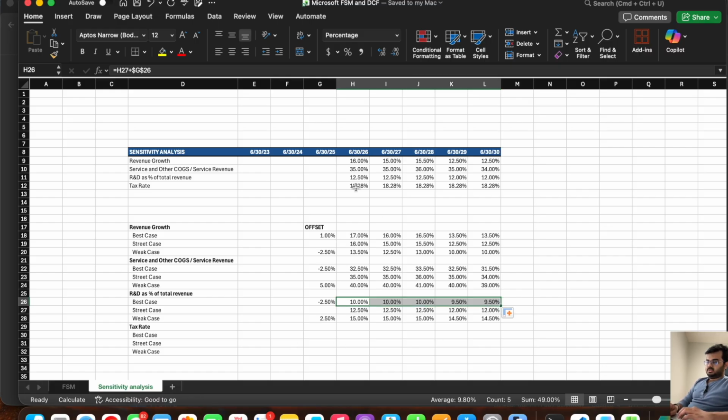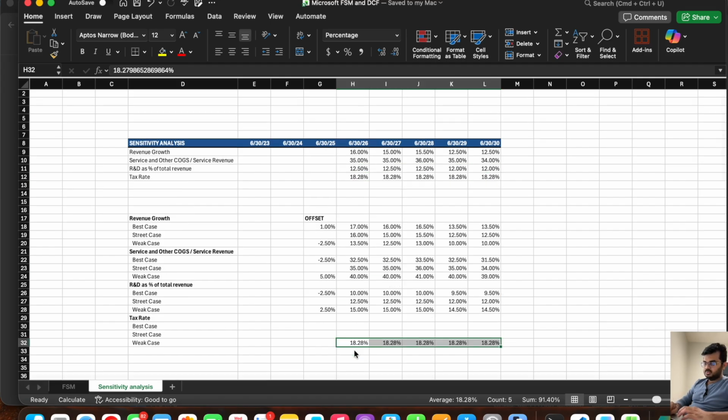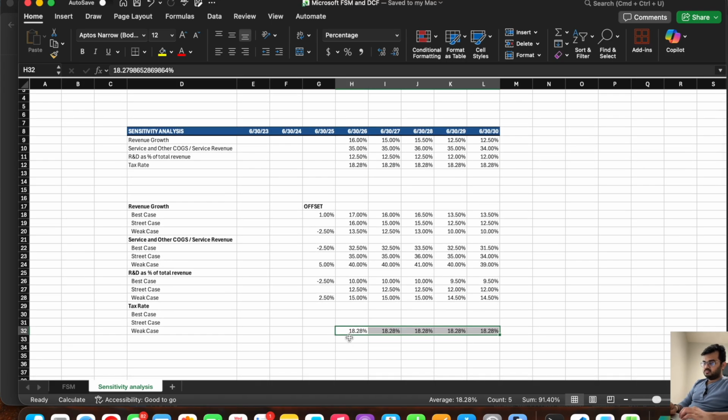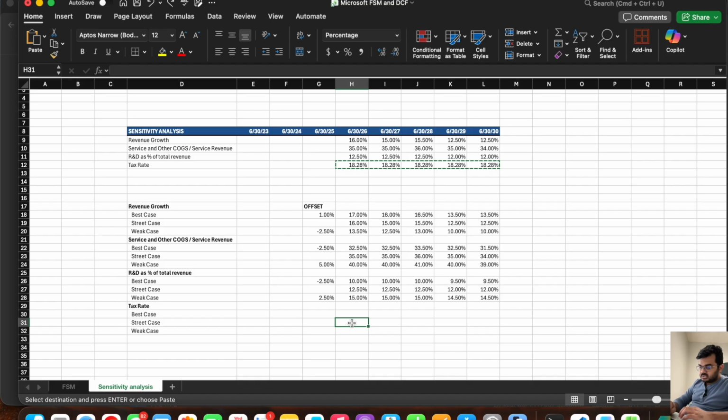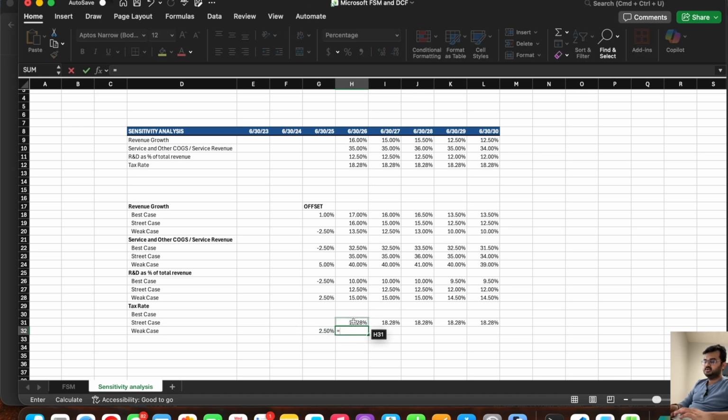This is done. Then finally tax. So the tax rate, we know for the street case, this is the number. And for the weak case, I'm going to make it close to 21%. That is our statutory tax rate in the US. But again, you could argue that I think 50% of Microsoft's revenue is from the US, and the rest is from the rest of the world.